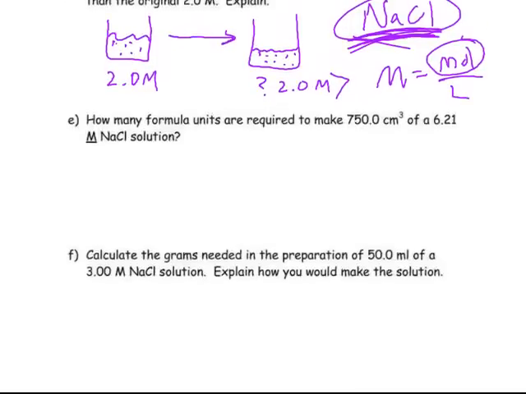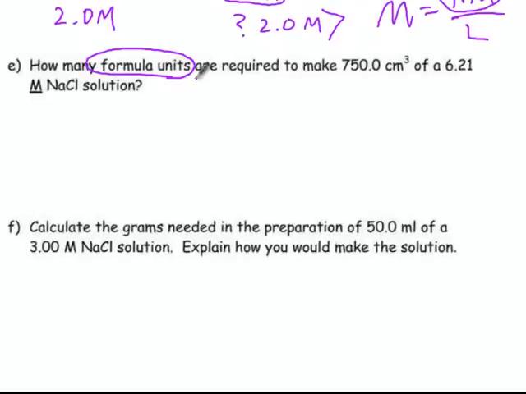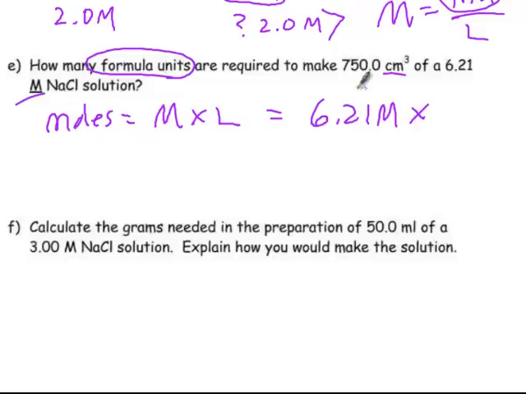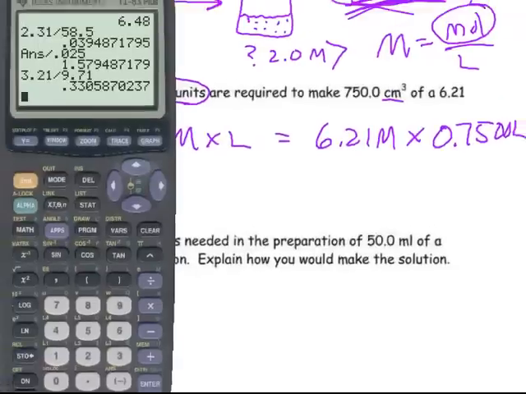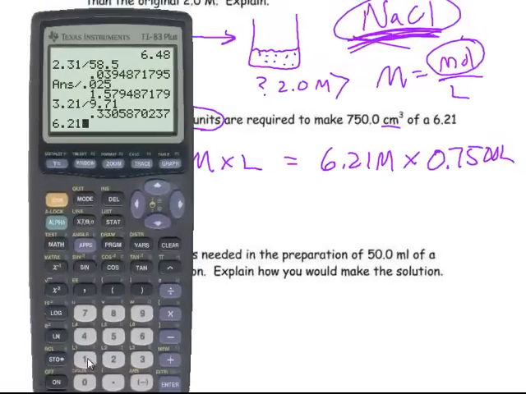All right, calculate the formula units required to make. Oh, formula units. We know how to get there from moles. So I have centimeters cubed. I have molarity. Moles equals molarity times liters equals 6.21 molar times, again, centimeters cubed, so 3 to the left. So 6.21 times 0.75, 4.66.